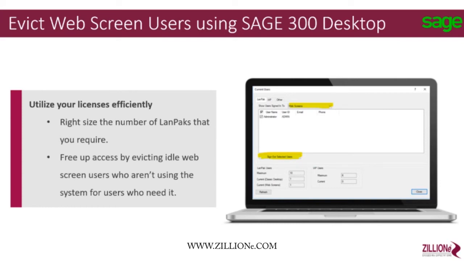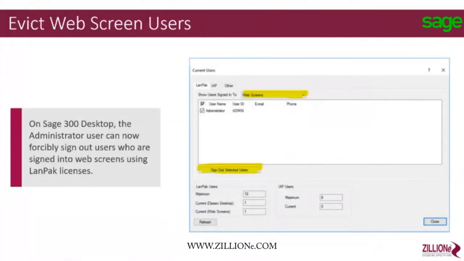This is the LAN pack control of the web screen and the desktop version also. Only the administrator can handle these LAN pack evict functionalities, in the web screen and the desktop version, forcefully, based on the transactions they handle.